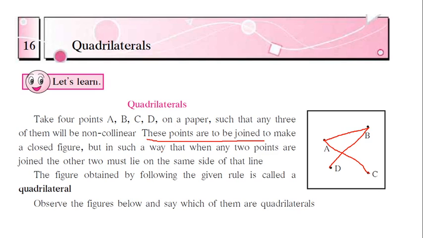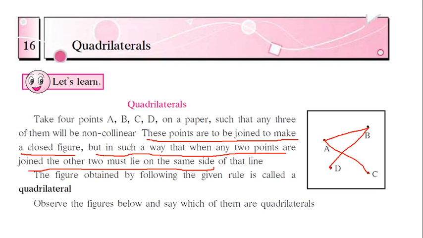What is said? These points are to be joined to make a closed figure, but in such a way that when 2 points are joined, the other 2 must lie on the same side of that line. So when 2 points are joined, the remaining 2 should lie on the same side.